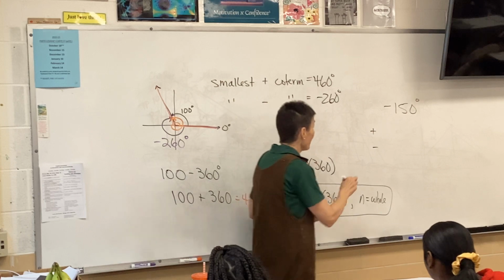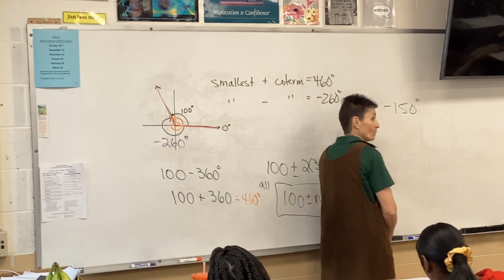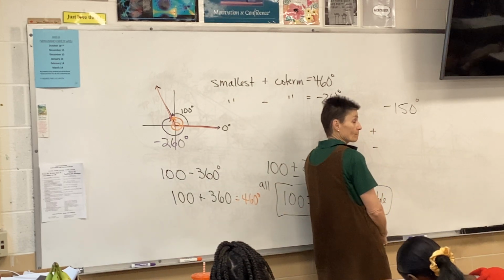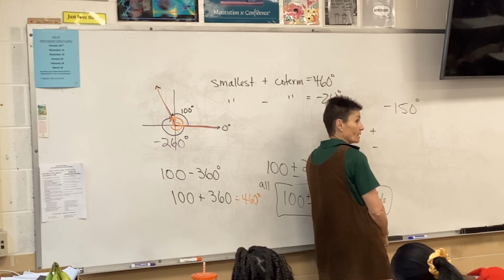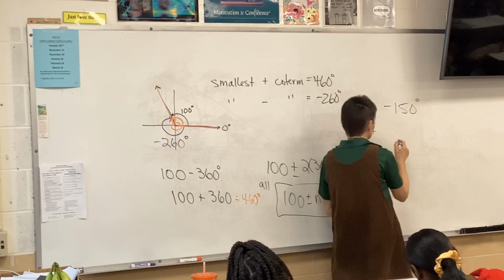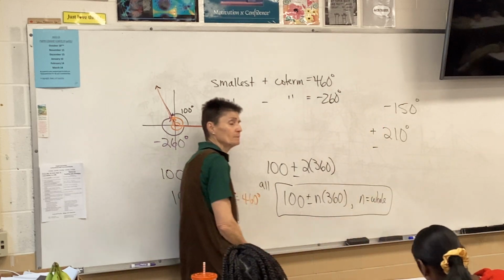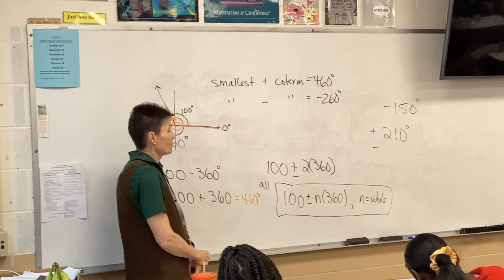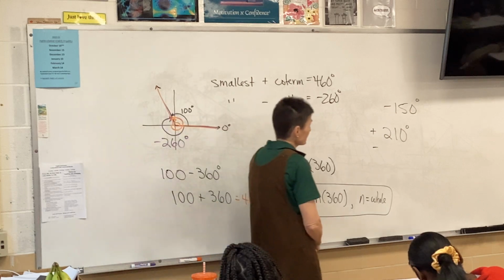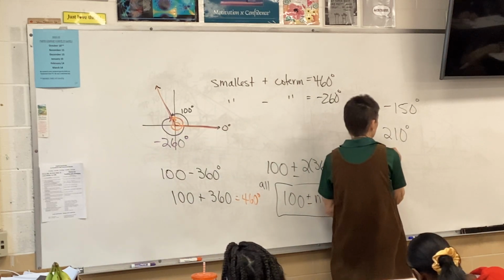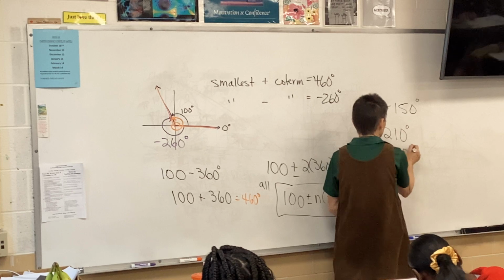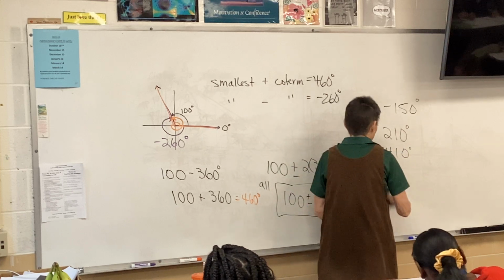So can you give me a positive coterminal angle for negative 150? 210? Don't we add 360? Wouldn't that be 210? Yeah. And then subtract 360, what is that? Negative 410? Oh, 510?